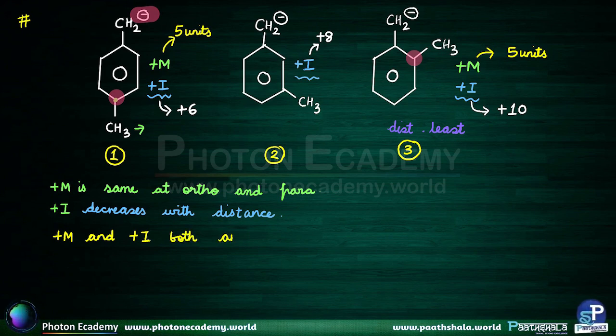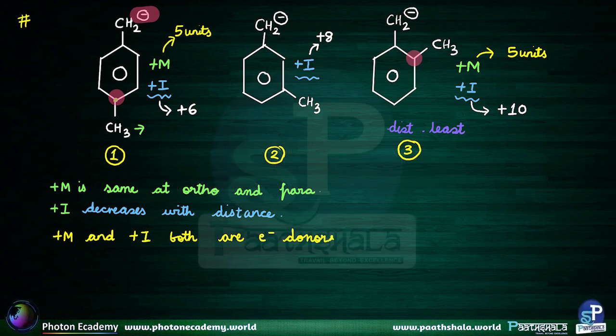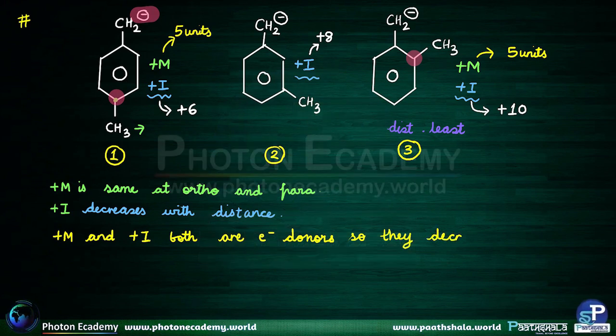We know that plus I gives electrons, and plus M also contributes electrons. So they decrease the stability, which is what we have been concerned about for the whole question.